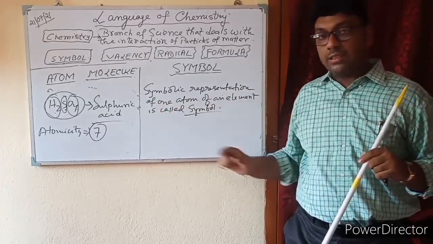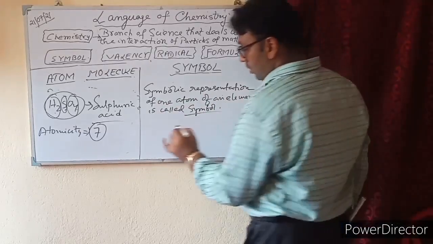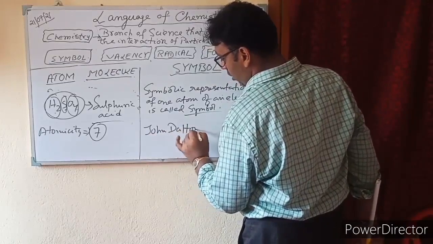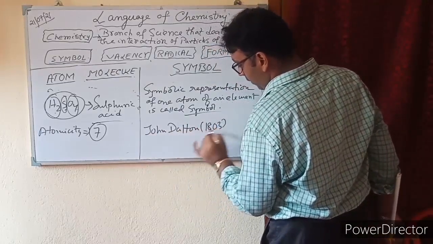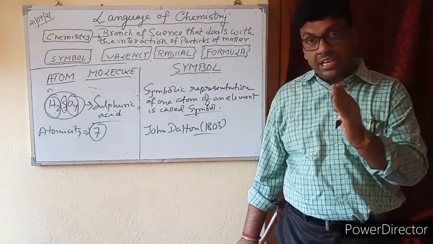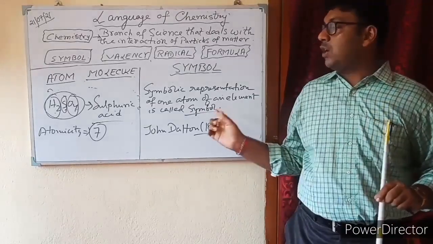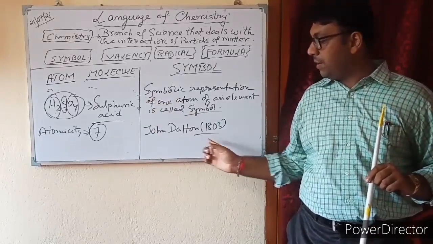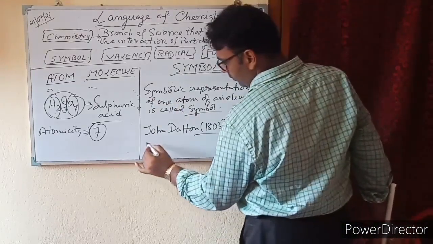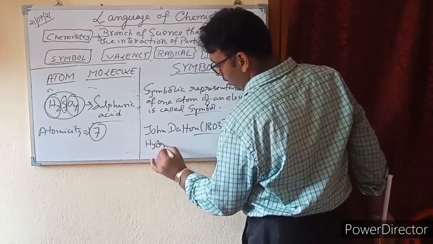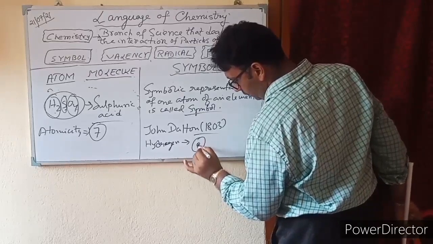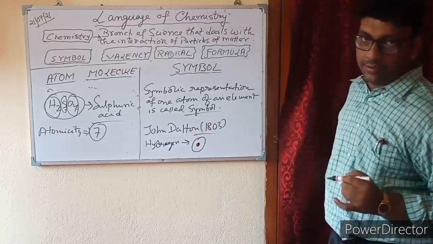Who first invented this? John Dalton, in 1803. He first gave the diagrammatic representation of the atom of an element. According to John Dalton, the symbol of hydrogen is just like this. This one is hydrogen.